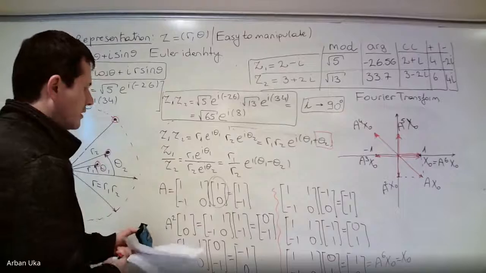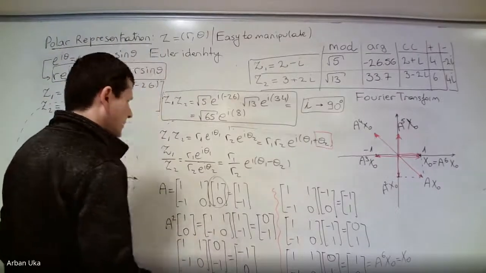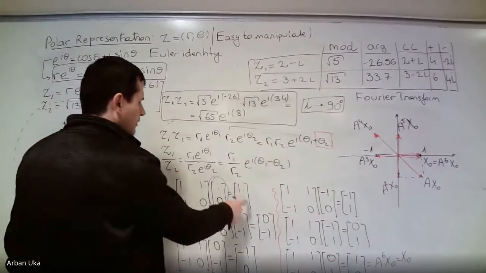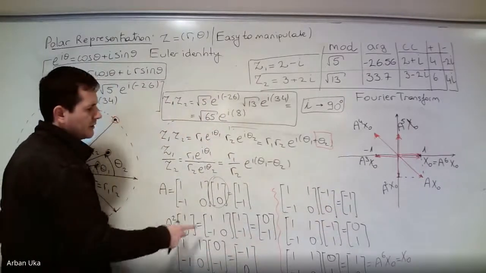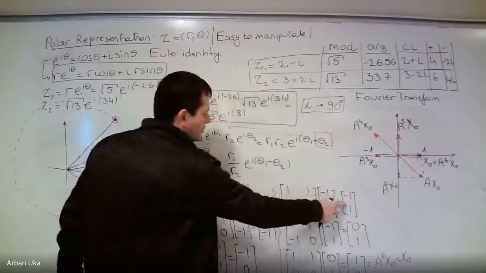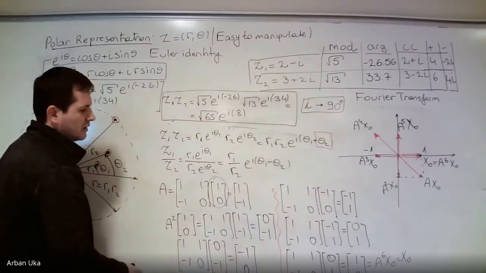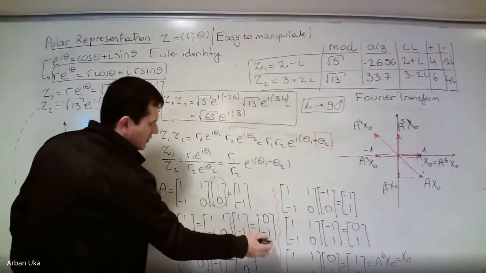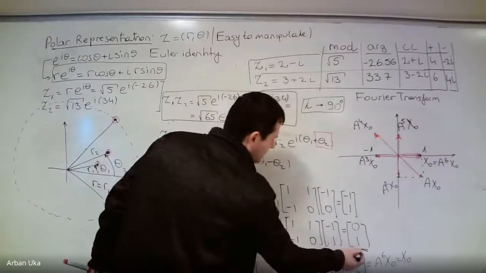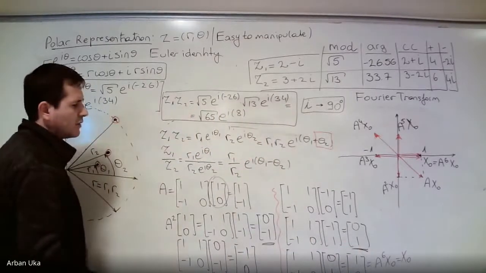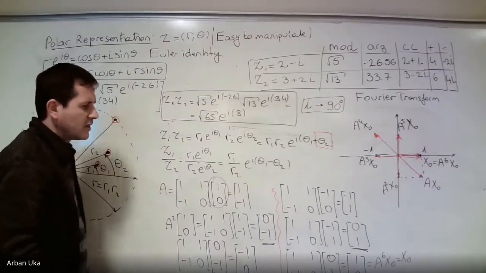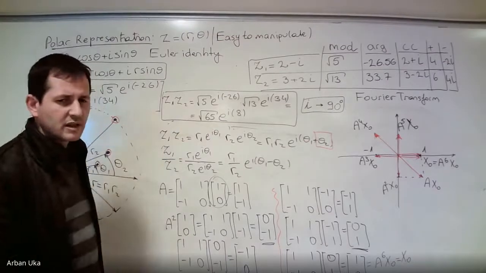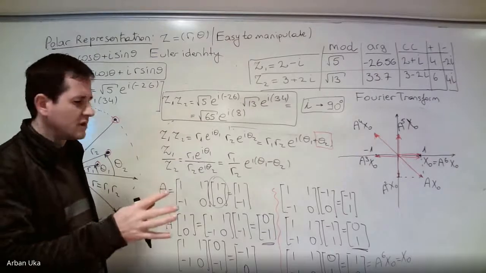One thing we can conclude is the following. Here we got 1, minus 1, and here we got minus 1, 1. You see what happens here? This result is multiplied by minus 1. What is happening from this vector to here? You multiply by minus 1. Multiplying by minus 1 is like rotating by 180 degrees in the Cartesian coordinate system.